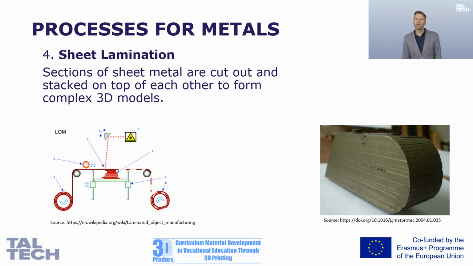This way we can create strong parts. Of course, we have to somehow attach these cross sections on top of each other. We can use gluing, we can use welding or some other technologies.